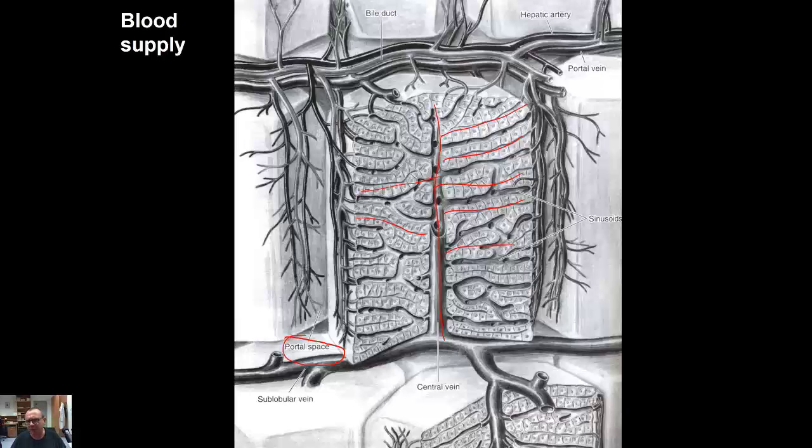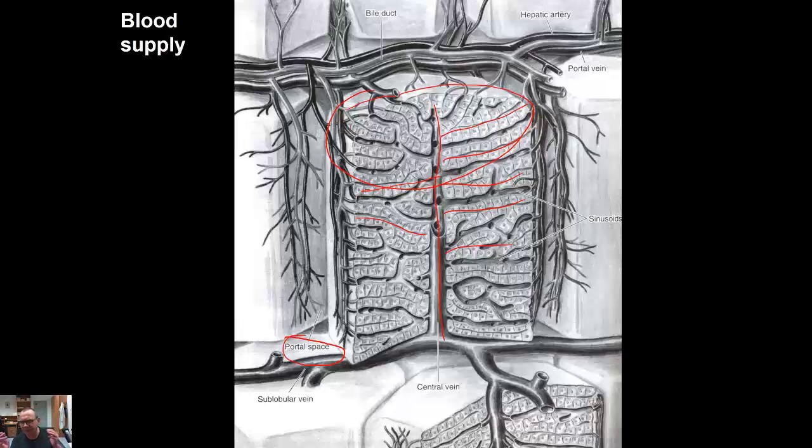These interlobular vessels branch to form circumlobular vessels, which go around the lobule. They branch more into the system of sinusoids or precapillary vessels and then sinusoids.